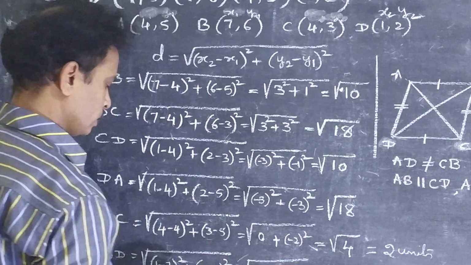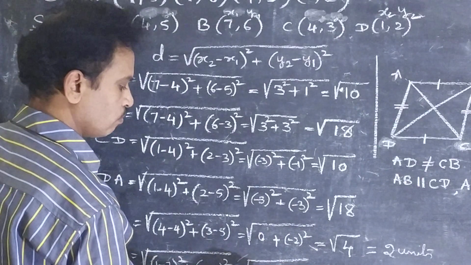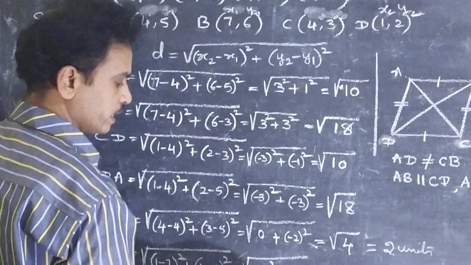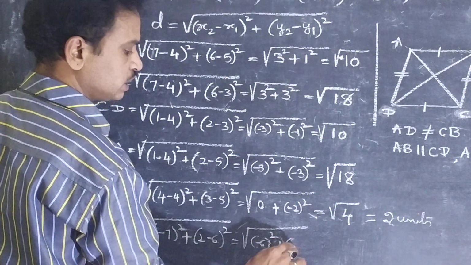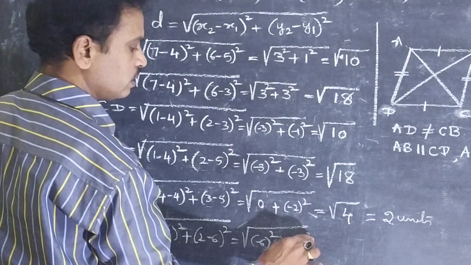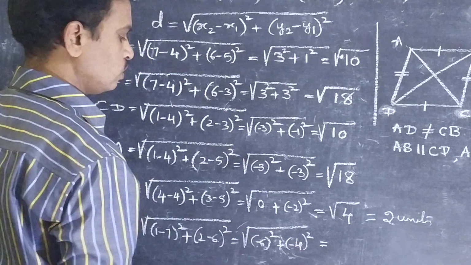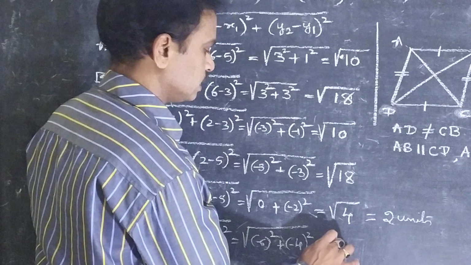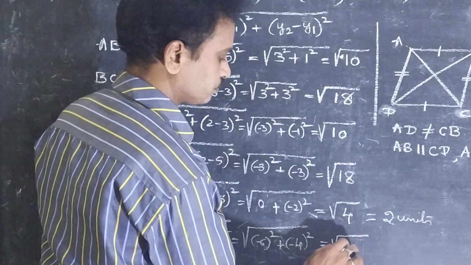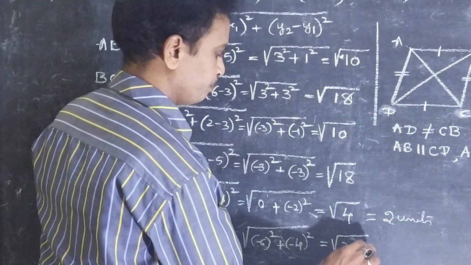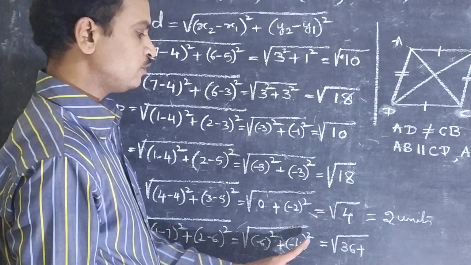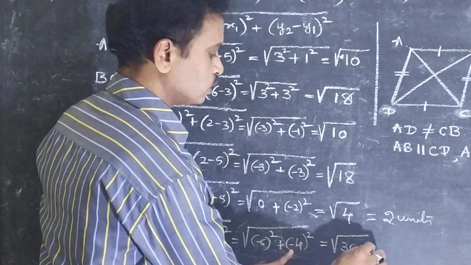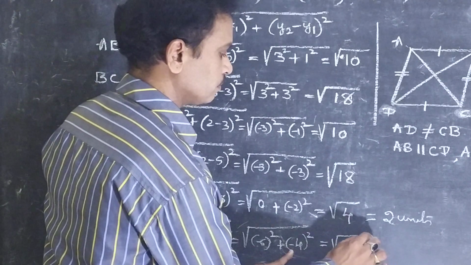Then 1 minus 7 is minus 6 whole square, and 2 minus 6 is minus 4 whole square. Minus 6 whole square is 36, minus 4 whole square is 16.